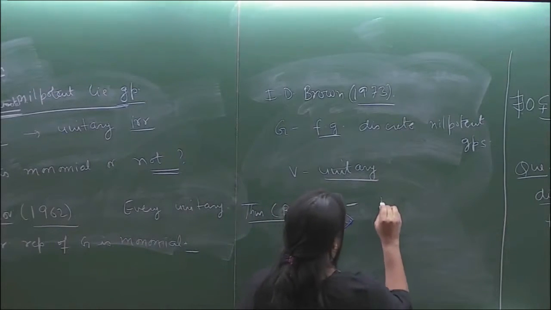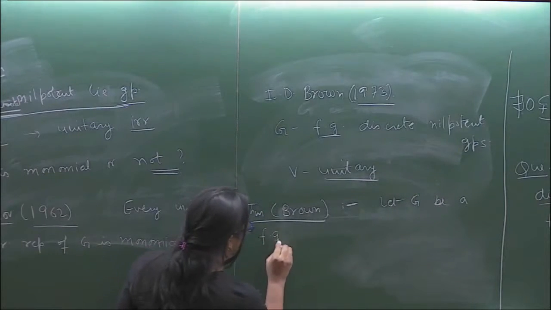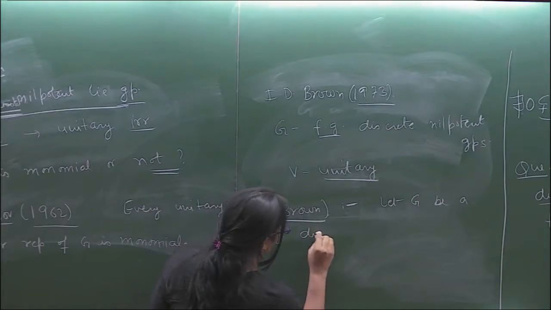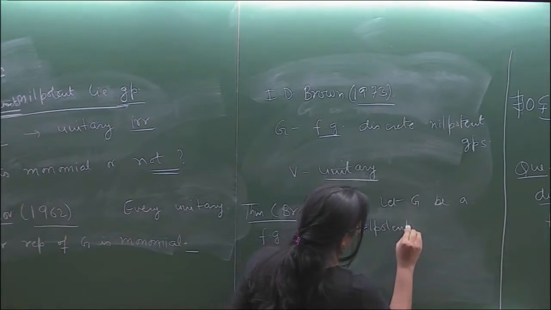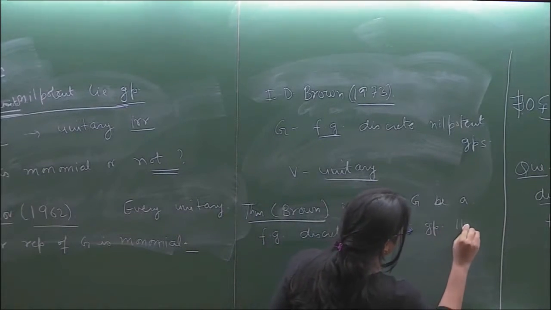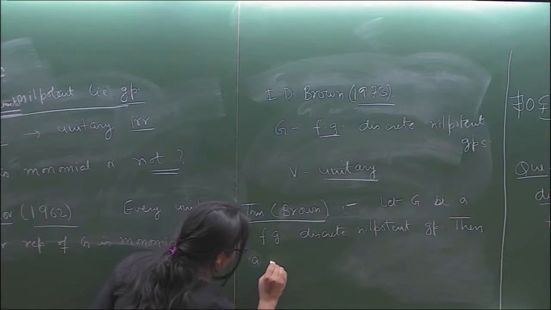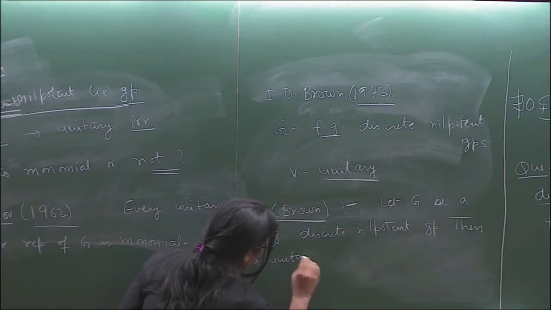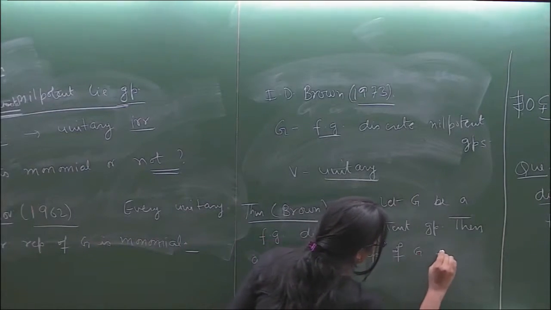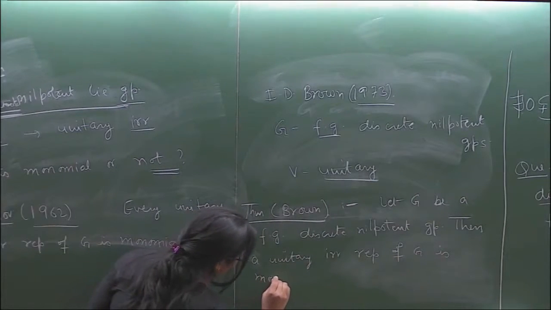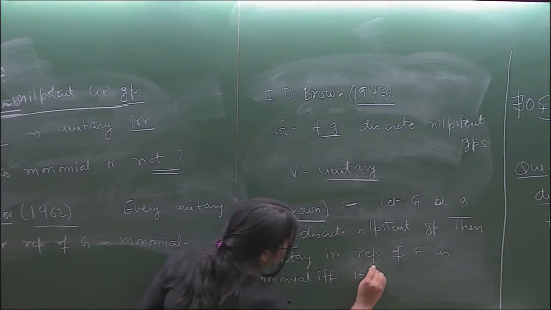Let G be a finitely generated discrete nilpotent group, then a unitary irreducible representation of G is monomial if and only if it has finite weight.